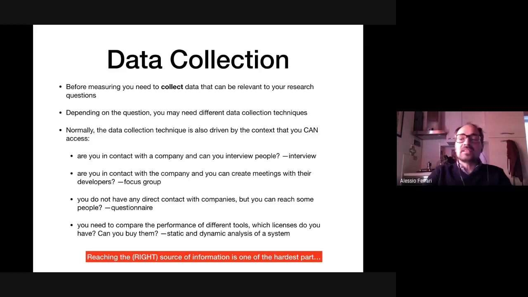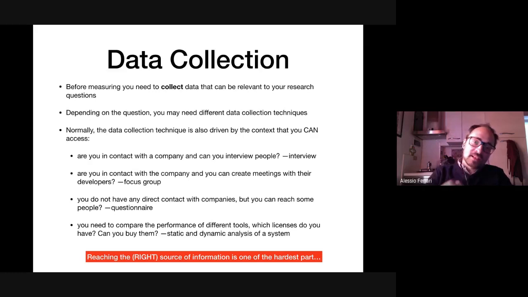In this case, if you can do that, probably the data collection technique can be to apply some static and dynamic analysis of the system. We will see more about these data collection techniques, which here are just words for you, like interview, focus group, questionnaire. Now we will see them more in detail.